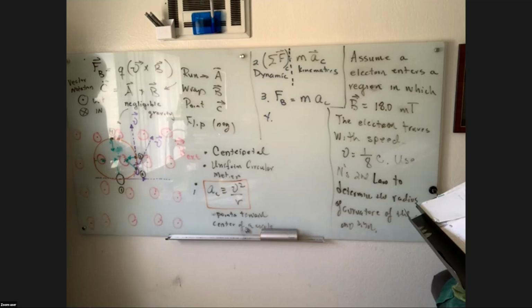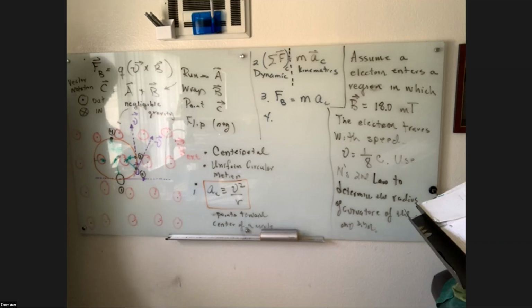Cyclotron motion is used in something called spectroscopy, where people are trying to determine the mass of a particle. In this case, I'm giving you the mass because I give you the electron, and you should know the mass of the electron. But oftentimes we don't know the mass, and we can measure the radius experimentally because you can see it.